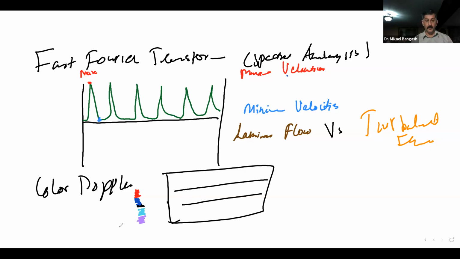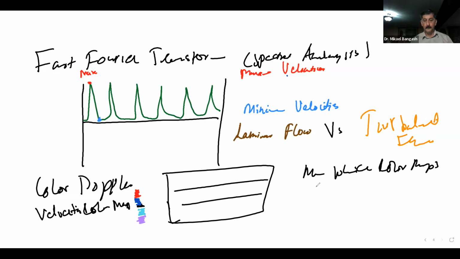Okay. When we were recording a color Doppler, this kind of map here we call a velocity color map. Now, which map gives us info of the flow, the flow pattern?